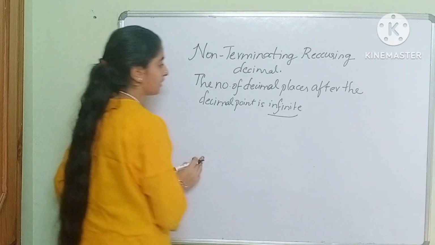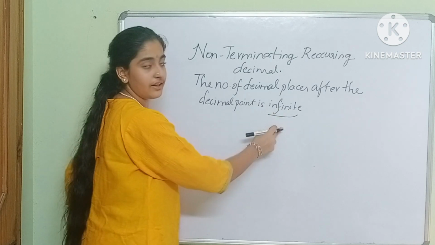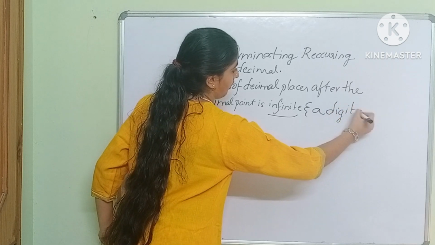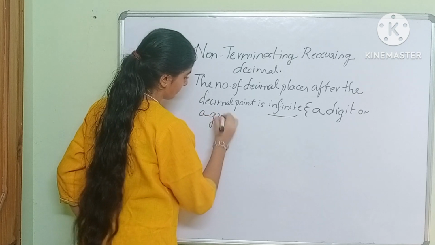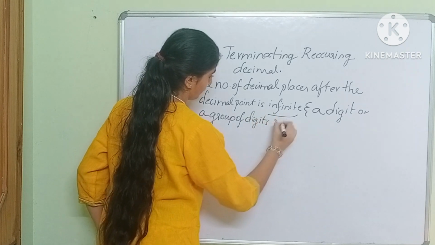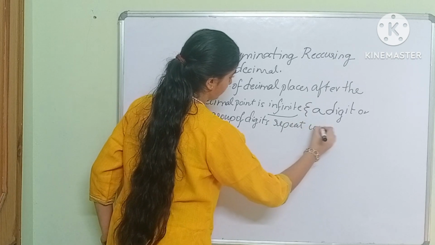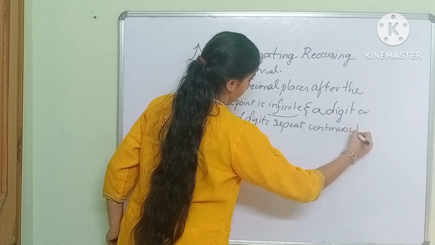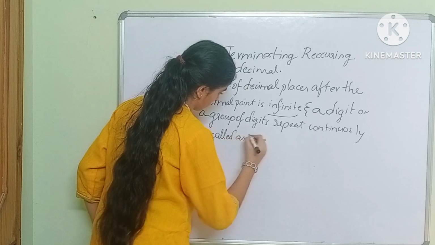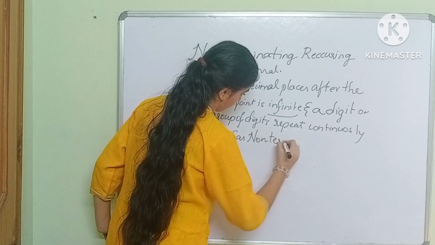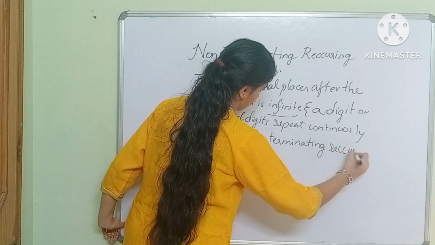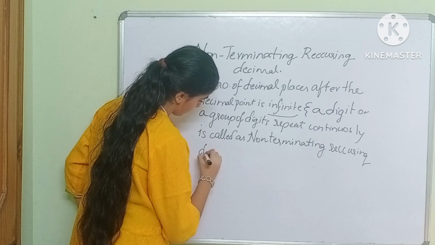The number of decimal places after the decimal point is infinite and a digit or a group of digits repeat continuously is called a non-terminating recurring decimal.